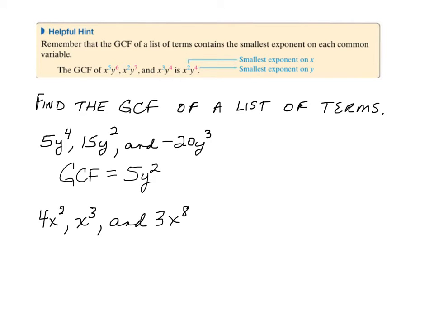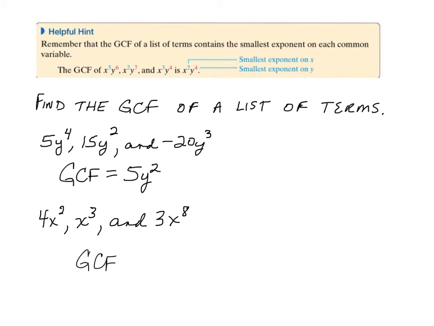We have 4x squared, x to the third, and 3x to the eighth. Well, they don't all have a numerical factor in common. You have a 4 as a numerical coefficient, a 1 as a numerical coefficient, and a 3. Well, all they have in common in that respect is a 1.